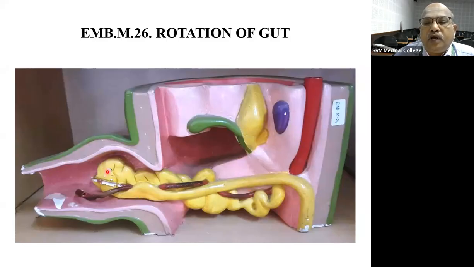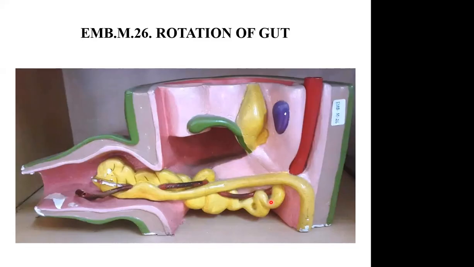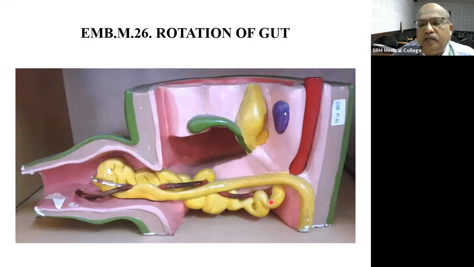Now the pre-arterial or cranial limb only undergoes coiling. So what do you expect from this? It gives rise to jejunum and ileum. Only jejunum and ileum are coiled.